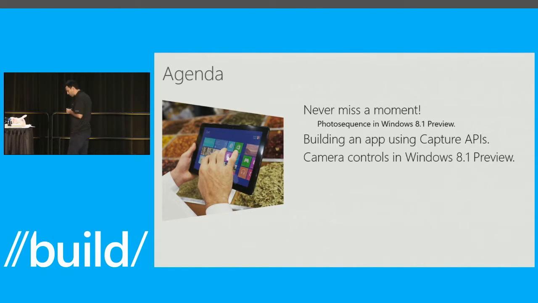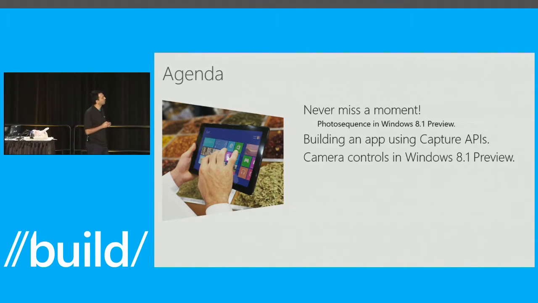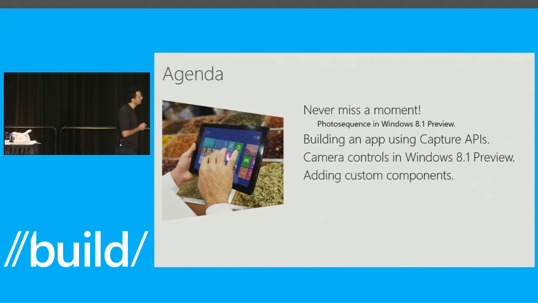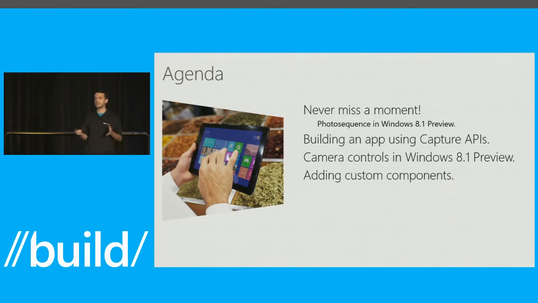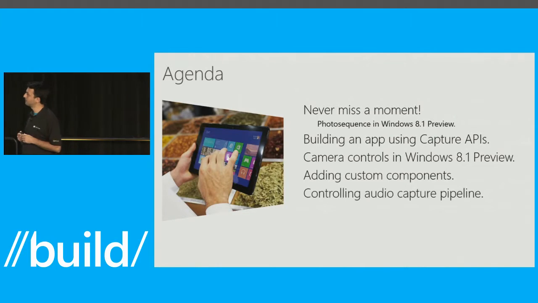And then we're going to talk a little bit more about 8.1 and new camera controls that we are introducing. And then we will discuss how you can extend the APIs that we have with the custom components that you might be interested in writing.